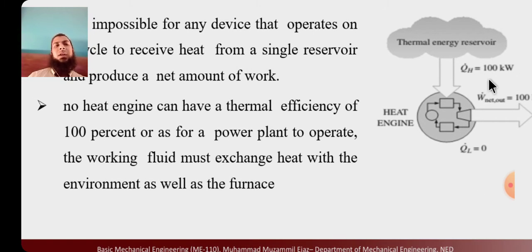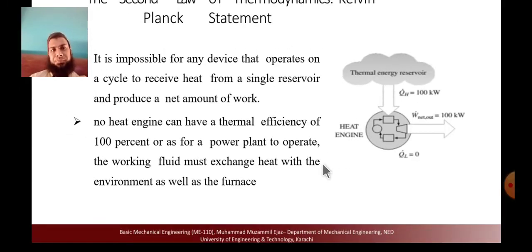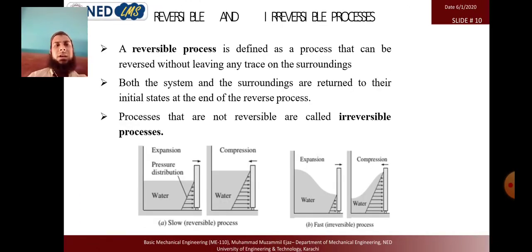When we divide 100 by 100, we get 1, and the efficiency is 100%, so it is also not possible by the formula. For a power plant to operate, the working fluid must exchange heat with the environment as well as the furnace. So I hope you understand this second law of thermodynamics statement.